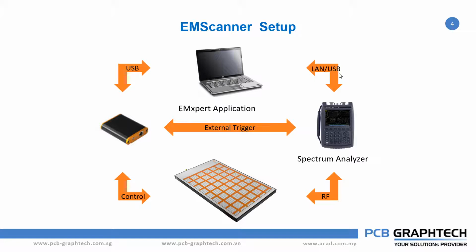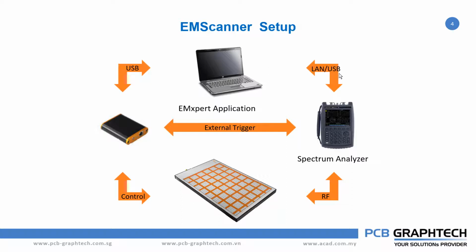On the left hand side you can see a micro D control cable. This cable is used to connect the adapter to the scanner, to control the switched probes and provide power to the EM Scanner. Then your adapter is connected to the spectrum analyzer using an SMB to BNC trigger cable. It connects your EX6 adapter to the analyzer to trigger it.